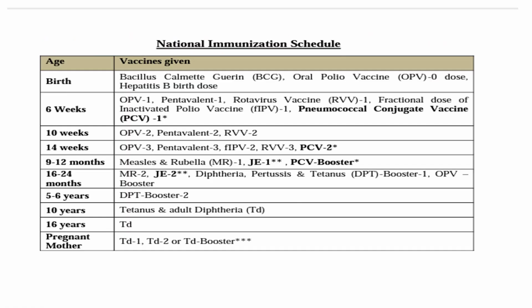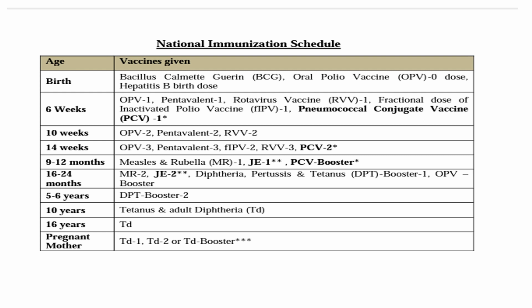So this is the immunization schedule which you need to know by heart. At birth, we have the BCG, OPV 0 dose and the hepatitis B birth dose. At 6 weeks of age, we have OPV 1, pentavalent 1, rotavirus vaccine 1, fractional dose of inactivated polio vaccine, that is FIPV 1, and pneumococcal conjugate vaccine 1, that is PCV 1.